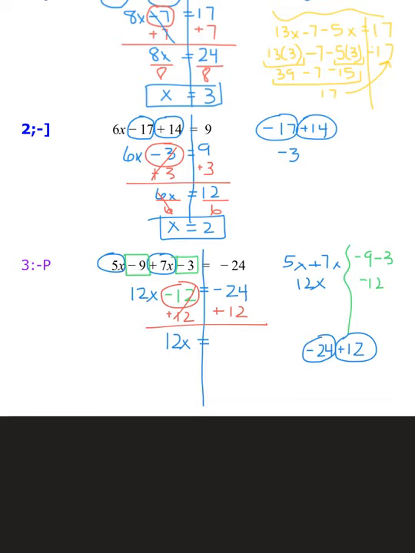So you would subtract 24 minus 12, and you get 12, and take the sign of the larger. Or just type it in the calculator, negative 24 plus 12, exactly how you see it, and it will tell you that the answer comes out to be negative 12. And last step, to get that variable alone, divide by 12 on both sides, and x will equal negative divided by a positive, which is a negative 1. So there's your answer to that equation.